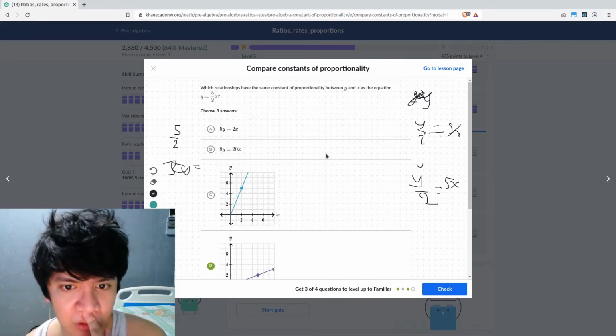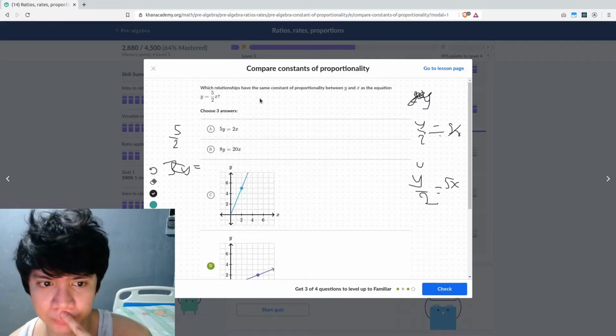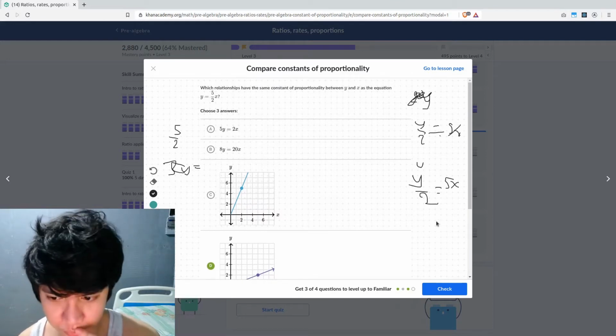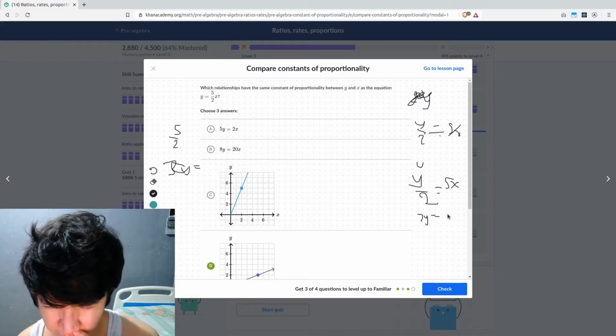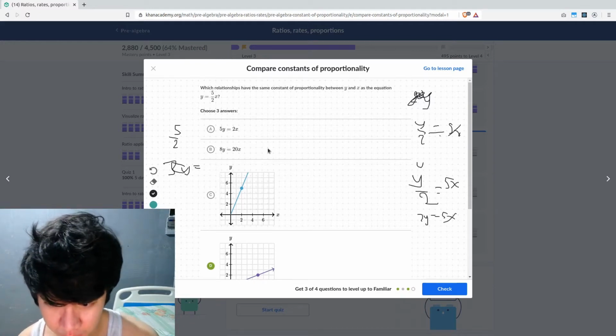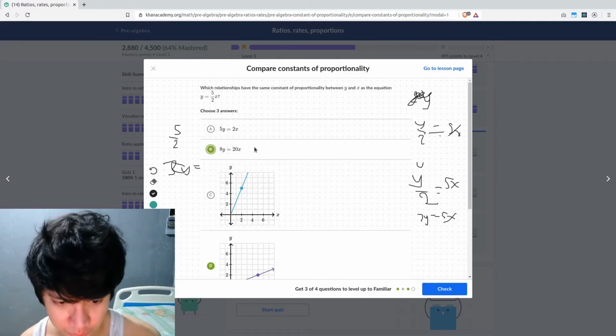Am I crazy or what? Give it 2y equals 5x. So if this is 8, this multiplied by 4, you get 20. Okay, this one works.